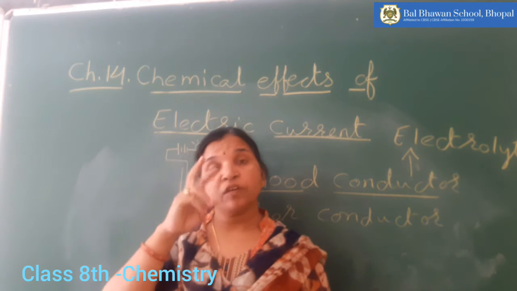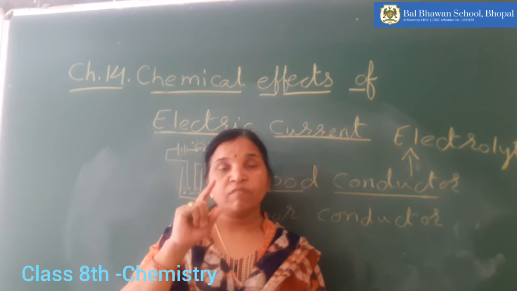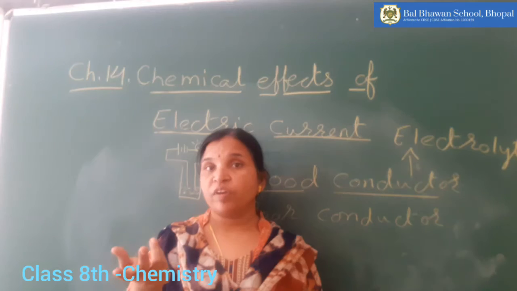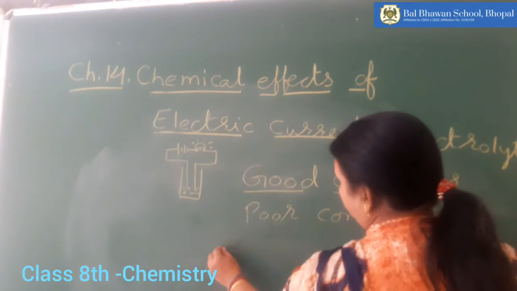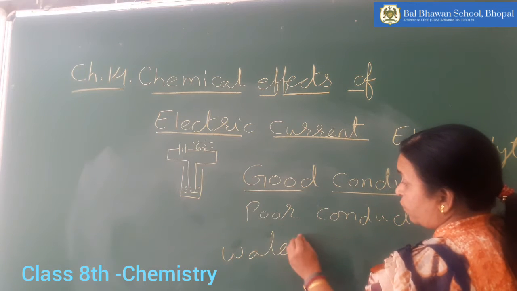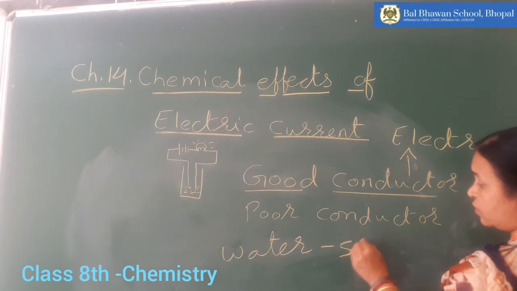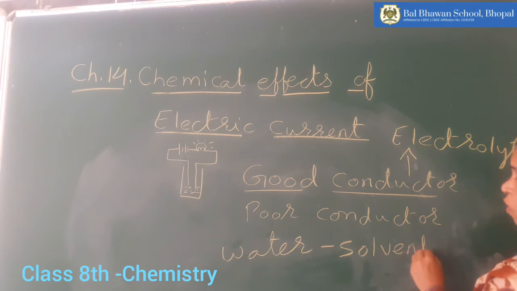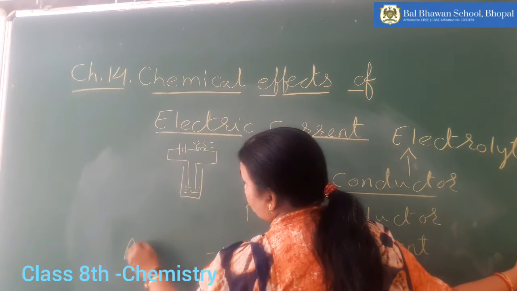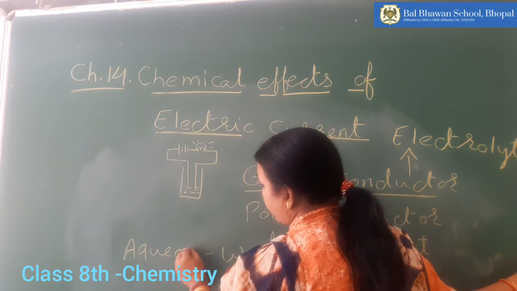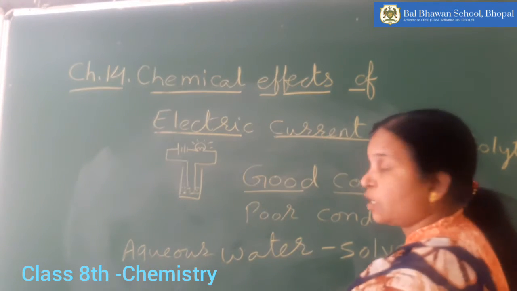We all know that there are two components in a solution: one is solute, the other is solvent. If we are using water as a solvent, all such liquids are called aqueous solutions.